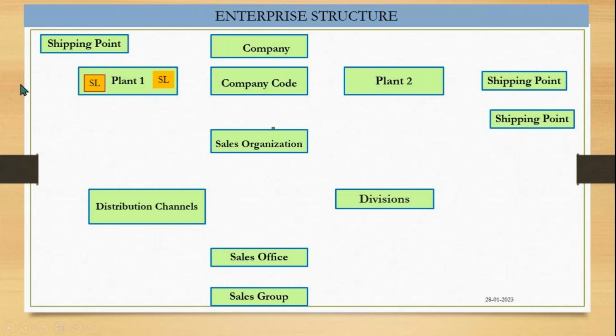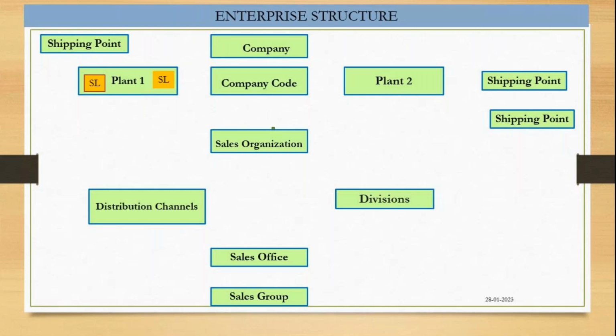Whatever financial transactions take place during the purchasing from the vendors, that is incoming: whatever material comes in, we purchase from the materials management side, the procurement side, all the payments, and whatever production cost is involved in producing the material, all those production-related expenses.